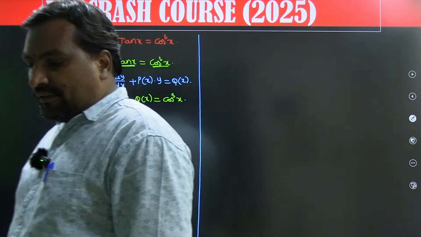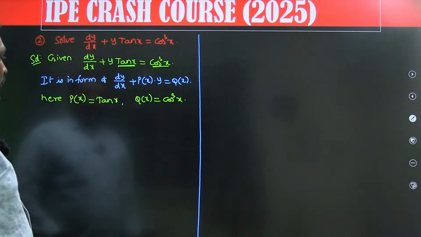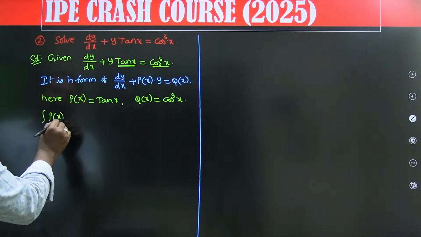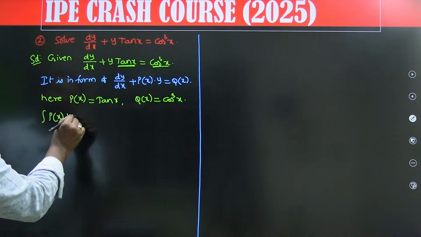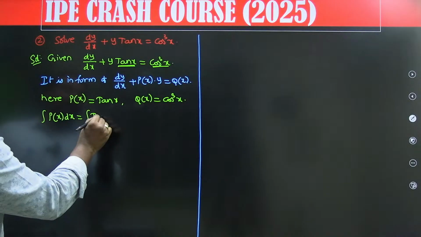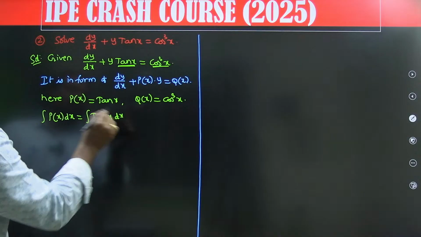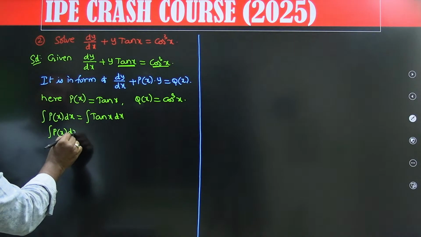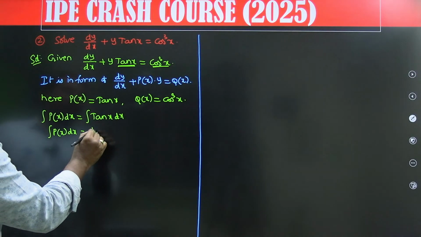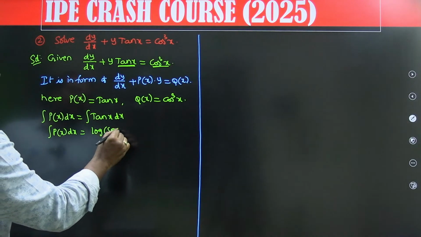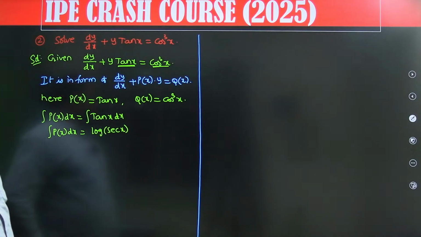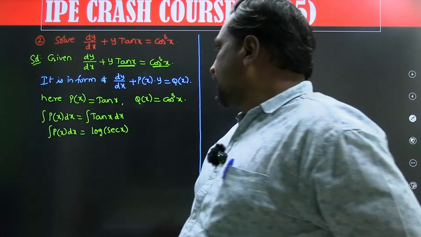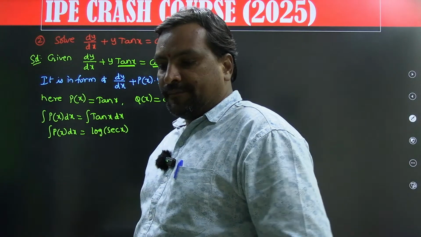So first, integral p of x dx, that is integral tan x dx. By the direct integration formula, integral tan x is log of secant x.